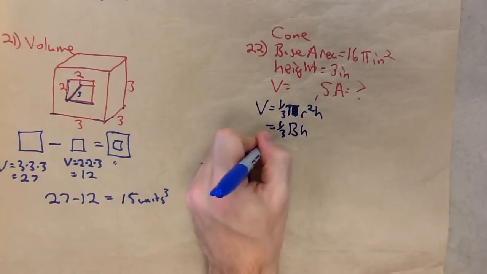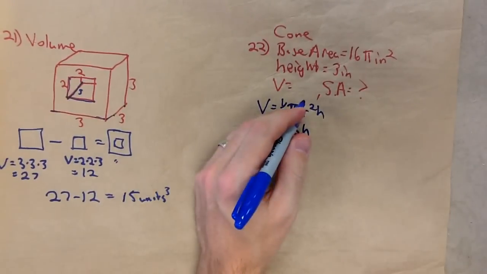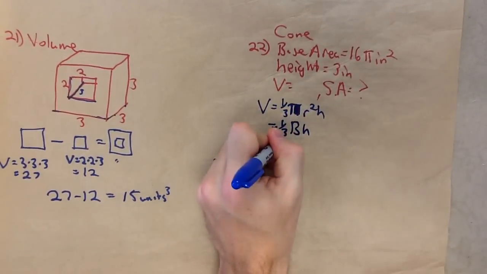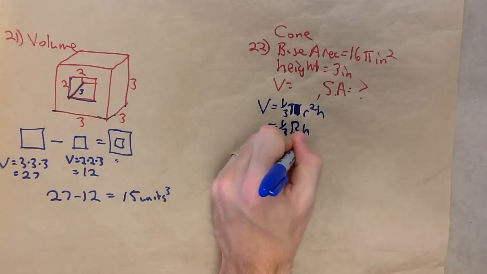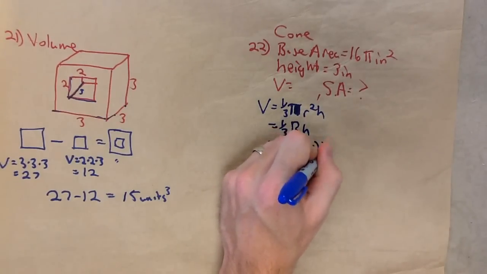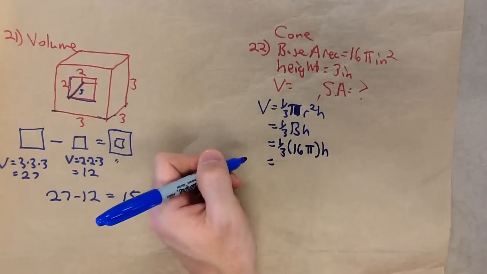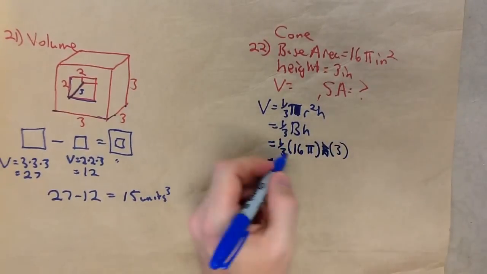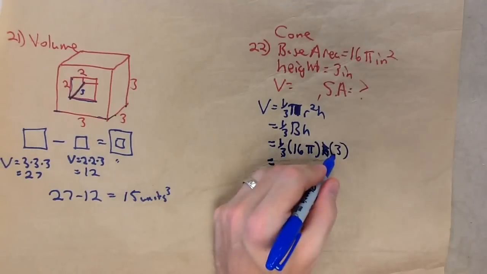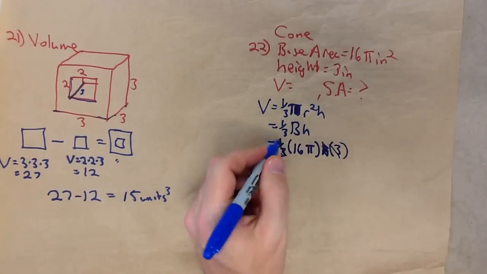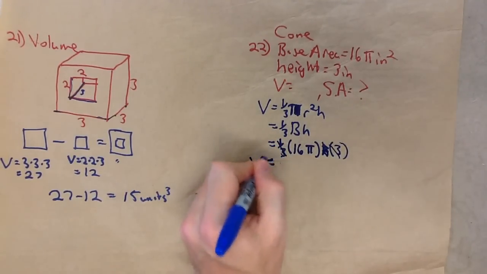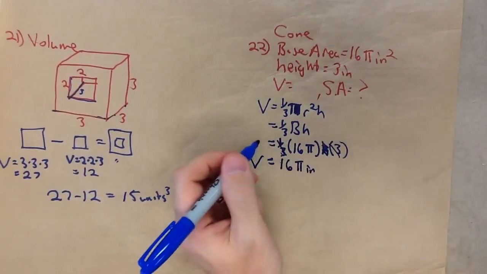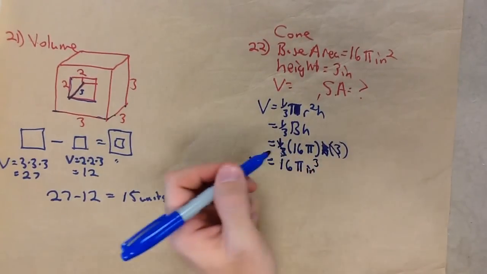Now, if I know the base area is 16 pi, I can go 1/3 times 16 pi h and solve. Height's 3, let's put that in. So now I can divide the 3 and the 1/3 to be 1. So my volume is actually 16 pi inches cubed.